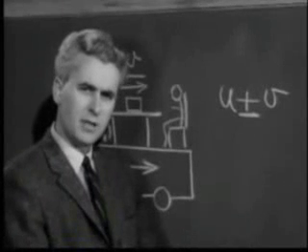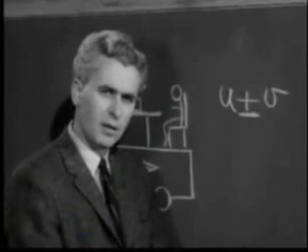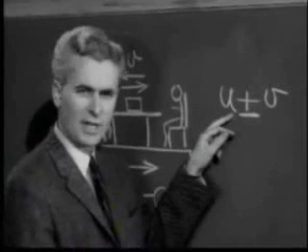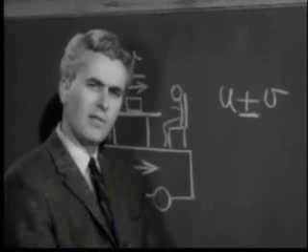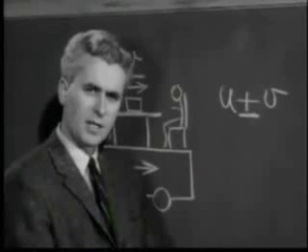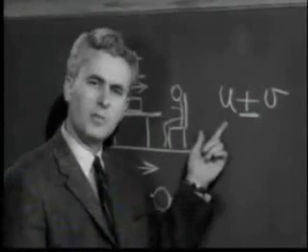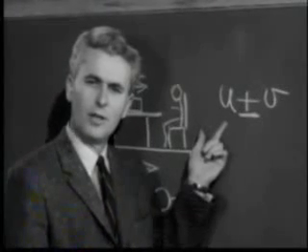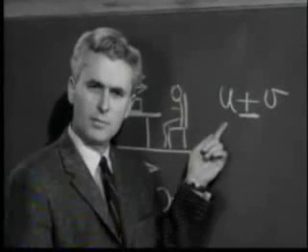At very high speeds, and by high speeds I mean speeds close to the velocity of light, this expression breaks down. At these very high speeds, we have to use the ideas about relative motion developed by Albert Einstein in his special theory of relativity. However, for all the speeds that we are ever likely to run into, this expression, u plus or minus v, is completely adequate.